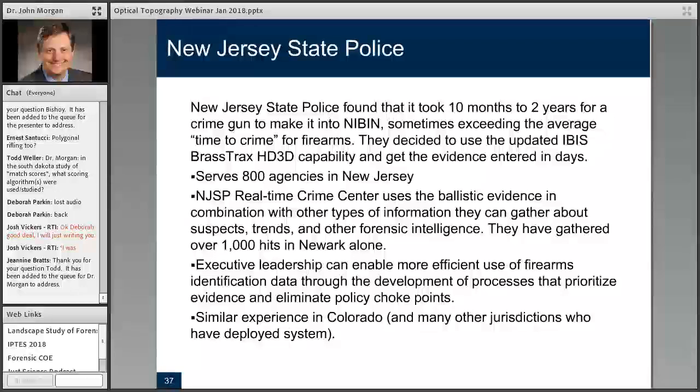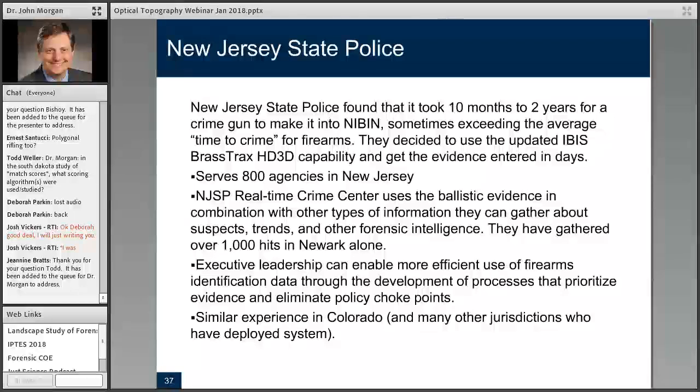The New Jersey State Police have done a great job with this, and they used to take 10 months to 2 years to put a crime gun into NIBIN. They decided they were going to get that down to days. Their real-time crime center serving 800 agencies made this a priority, and since doing this, they have gathered over 1,000 NIBIN hits in Newark alone.